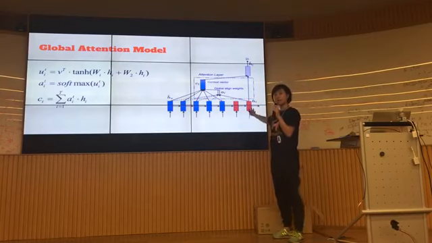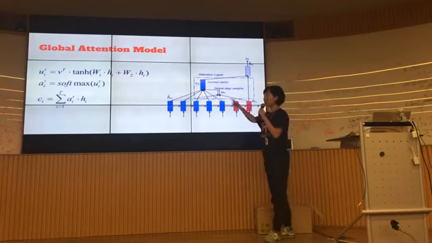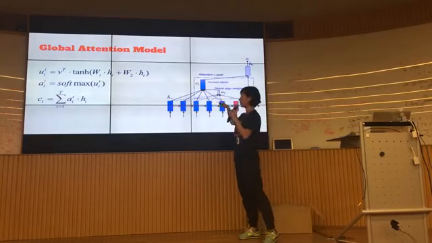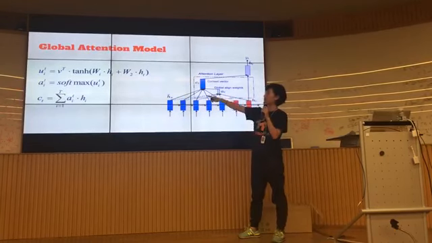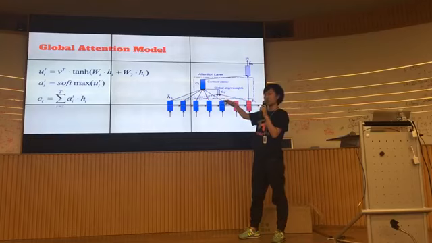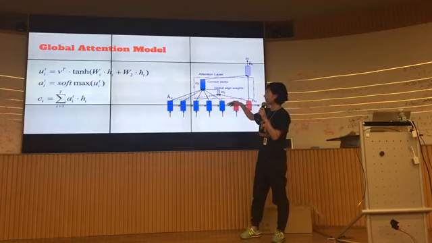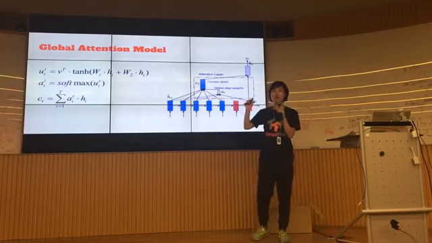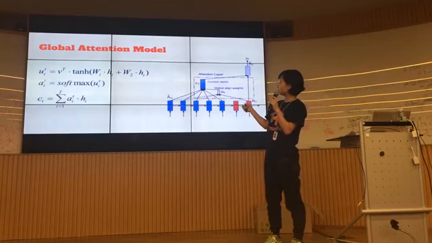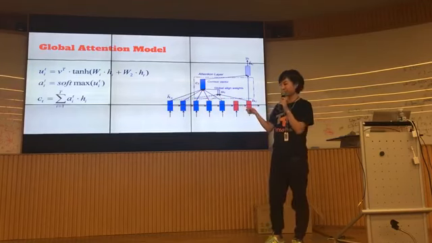Depending on the target hidden state HT, we use the first function to compute scores for all the source hidden states. Then we use the softmax function to get the probability for each source hidden state, and that probability acts as the weight. Finally, CT is calculated by the weighted sum. So this is global attention.